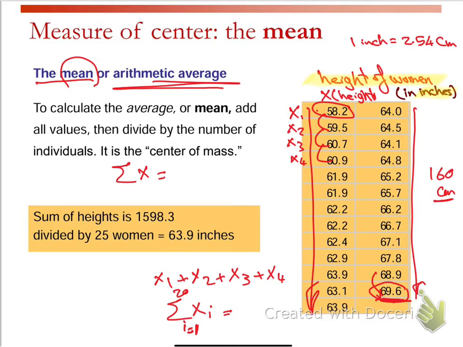The first time I substitute i with 1, so it would be x1, because it is a sum, I have to write plus. Next time will be x2, x3, and so on until I reach x20. So this is the starting point and this is the ending point, until I reach plus x20, okay?